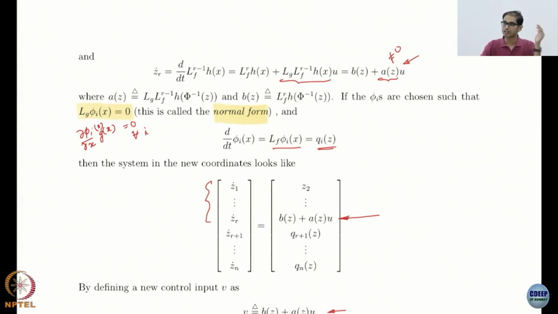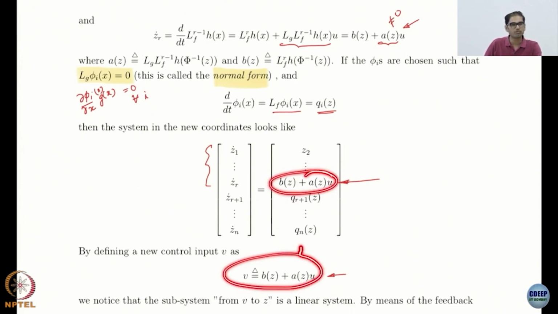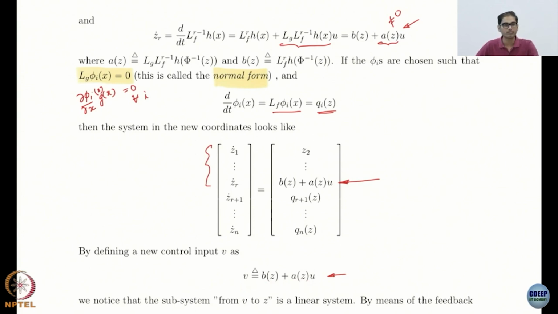Notice I started with a nonlinear system which was nonlinear everywhere, probably in all the states, just like in the DC motor case. But now, because of my state transformation, I have linear integrators everywhere, and only in the last state there is a nonlinearity, but I will just define this as my new input V. That is possible because U is actually V minus B divided by A, and A is non-zero.